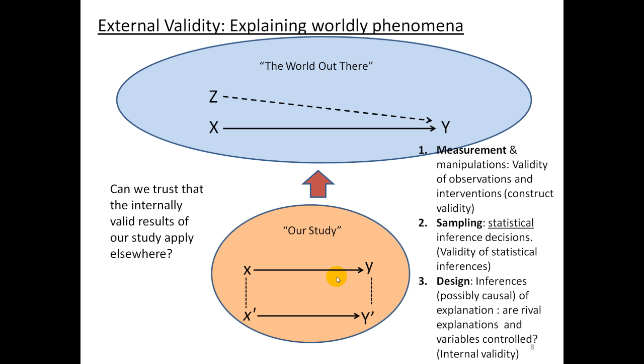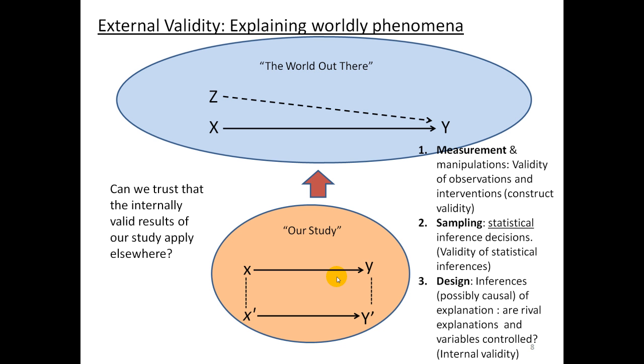The third set of process issues we need to deal with are those of what you might call design. Does the overall design allow us to draw a correct inference or explanation about the relationship between X and Y?